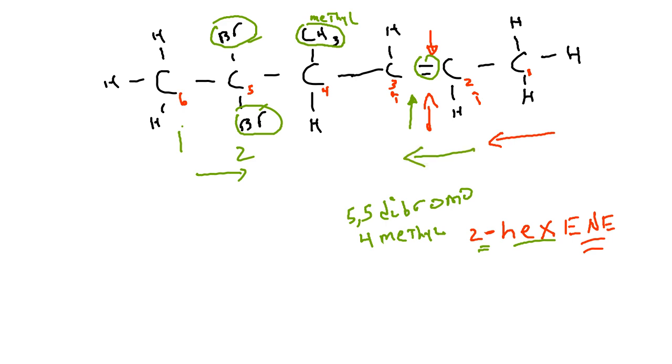And the same holds true for the triple bonds. As I mentioned previously, having double or triple bonds actually makes the naming easier because it tells you what direction to go. Whichever direction gives you the lowest carbon for that double or triple bond to be on. Okay, so hopefully everybody's okay with that.